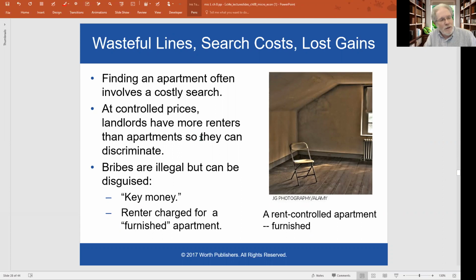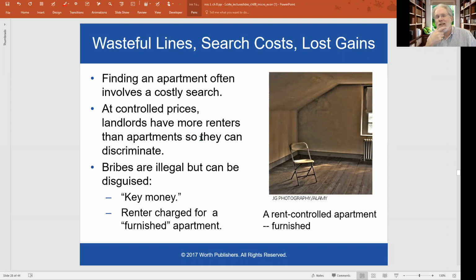I saw in your textbook, it talks about in New York City that sometimes people will read the obituaries, not because they care who died, but they want to see who died. They want to find out where that person lived, and then try to be the first person to get to the landlord to say, I want to rent that apartment.